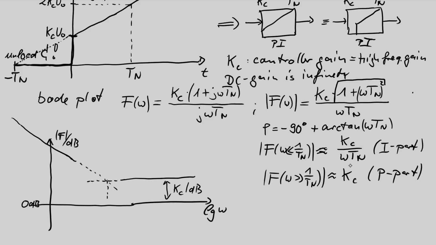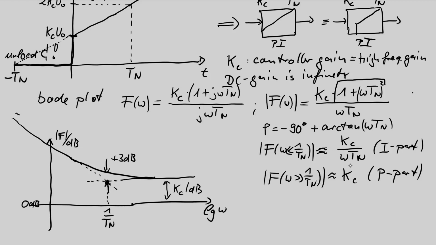The cross point, again, we have done this several times, is at the corner frequency of the PI controller, 1 over Tn, and the correct curve is just a smooth curve here. The distance between the cross point of the asymptotic curves and the correct curve is again always the same, 3 dB.